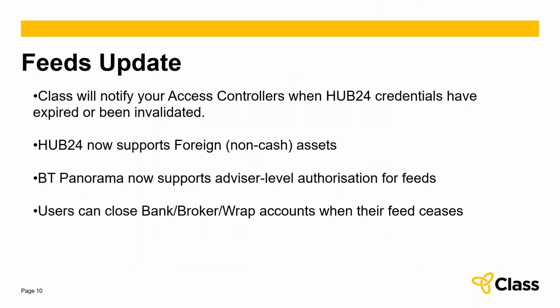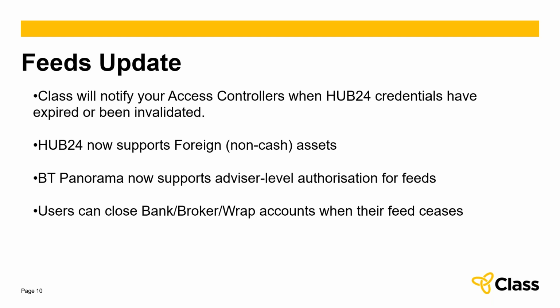Now the last thing I just want to quickly touch on is some of the feed updates. There's been no demo as such, but just to go through some of the actual changes. In terms of HUB24, Class will notify your access controller when credentials have expired.